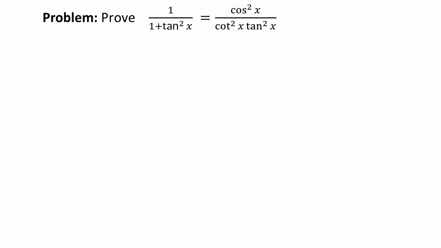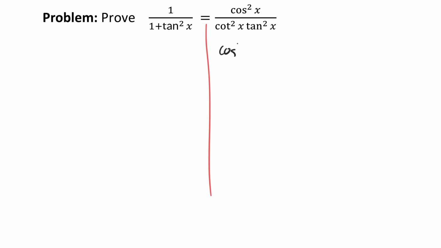Let's go ahead and try another one. We have 1 over 1 plus tan squared equals cos squared over cotan squared times tan squared. So pause the video and give it a try. Okay, so on that right side, I think we can work with sines and cosines. I think that'll be easier.